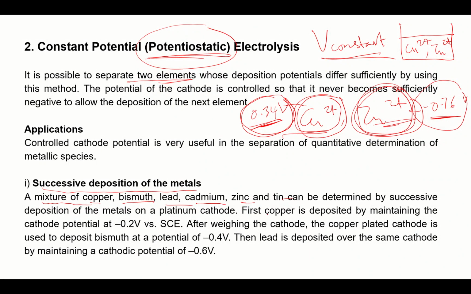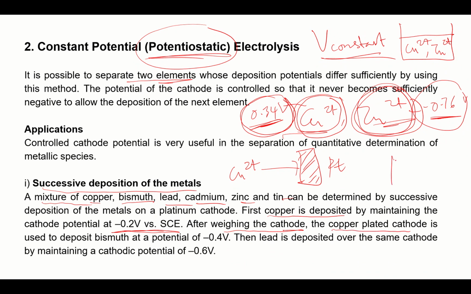First, copper will be deposited, because it is the most readily reduced element. Then you can weigh the cathode. The cathode is platinum, so copper metal forms on the platinum, and when you weigh the platinum with copper, you know the mass of copper deposited on the platinum cathode.